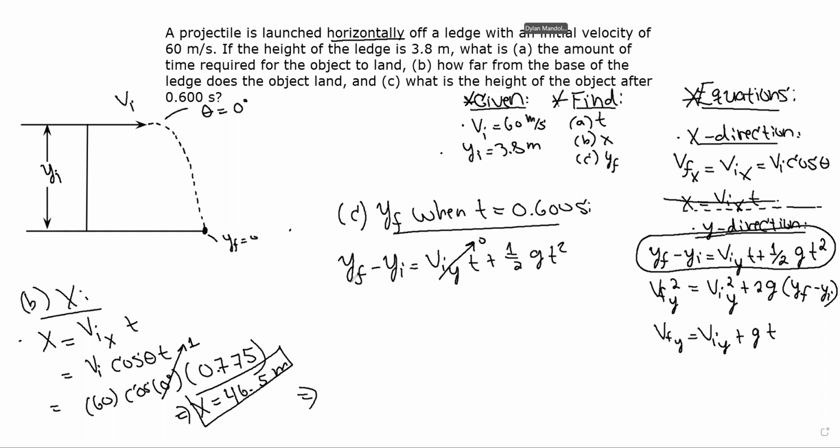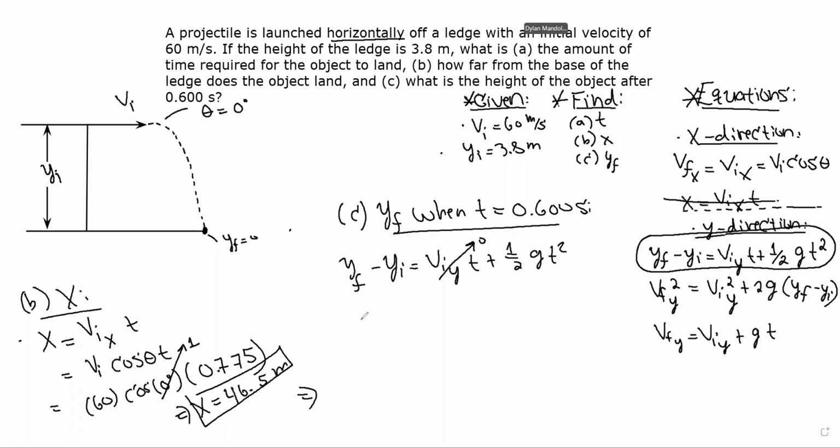The sine of 0 is 0. Height final 0. Oh, but in this case, we don't want the ultimate height, which would be y final equals 0. We're actually solving for a y final. So there are multiple y final values, and we want the one before we land.